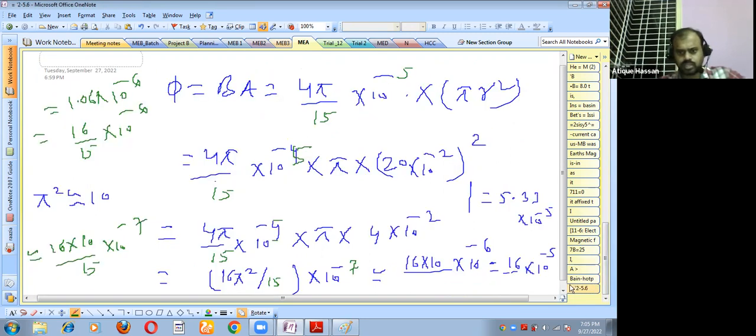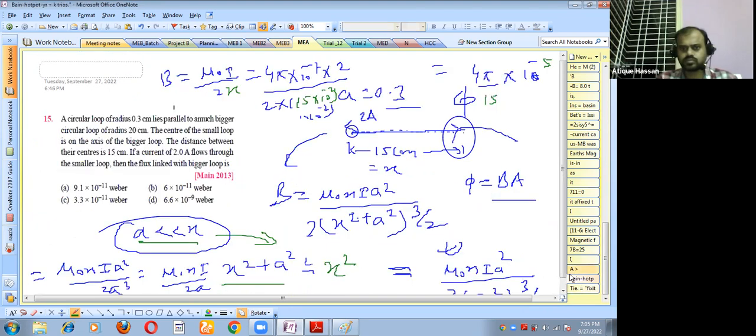Why are we getting this again? There is a calculation, please check the calculation. So 4 pi by 15 into 10 to the power minus 5, mu naught I by 2x.